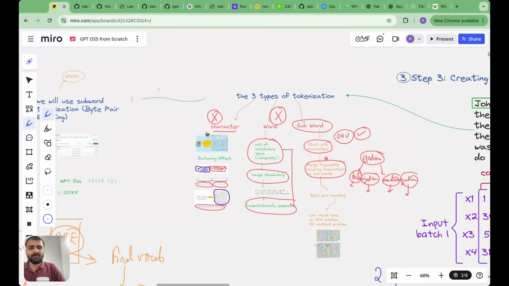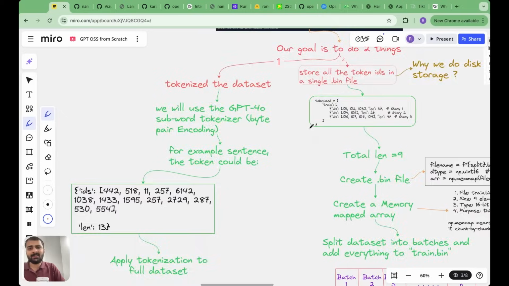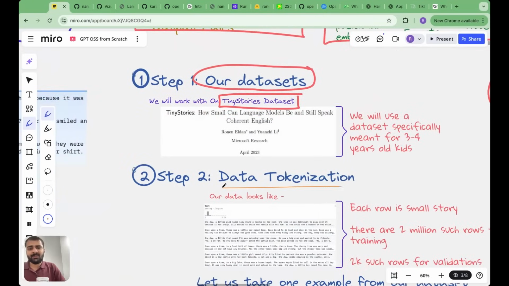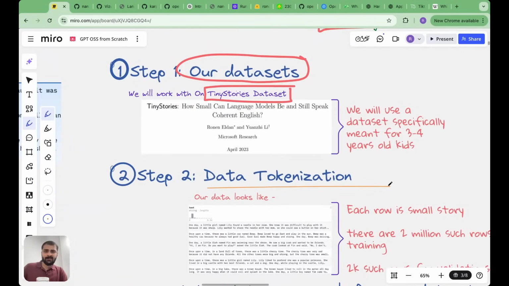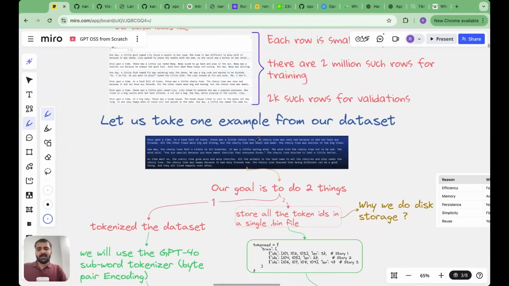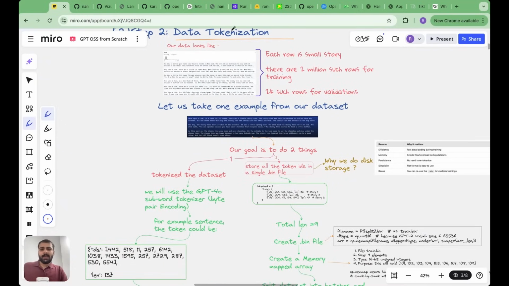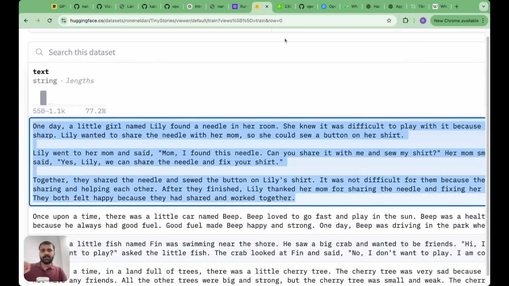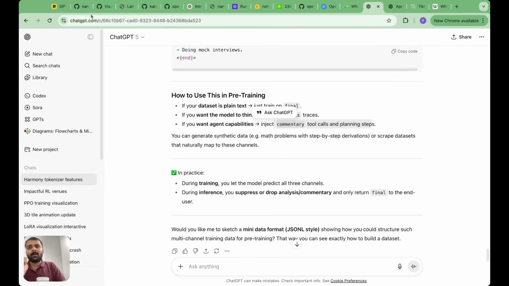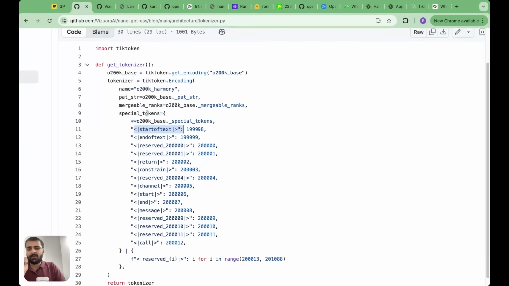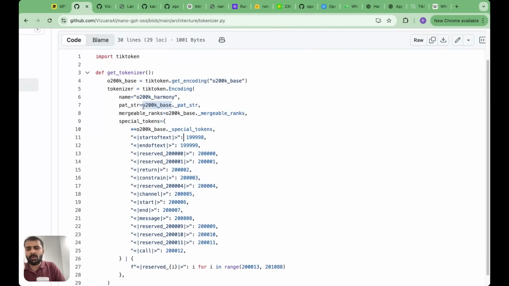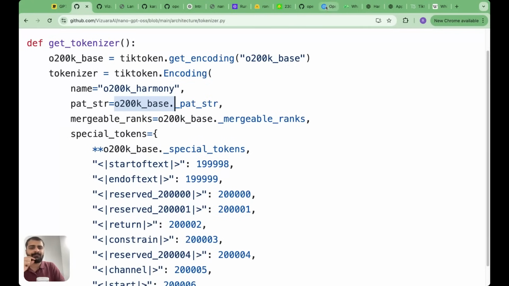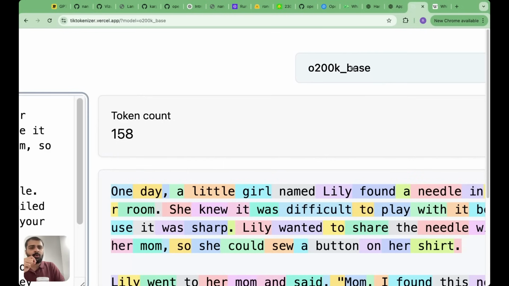I thought it would be important to share this with all of you in this step, step number 2, which is data tokenization. At the end of this step, we have taken our data set, these bunch of stories, and used the Harmony tokenizer, which I just showed you, which is based on the O200K base.